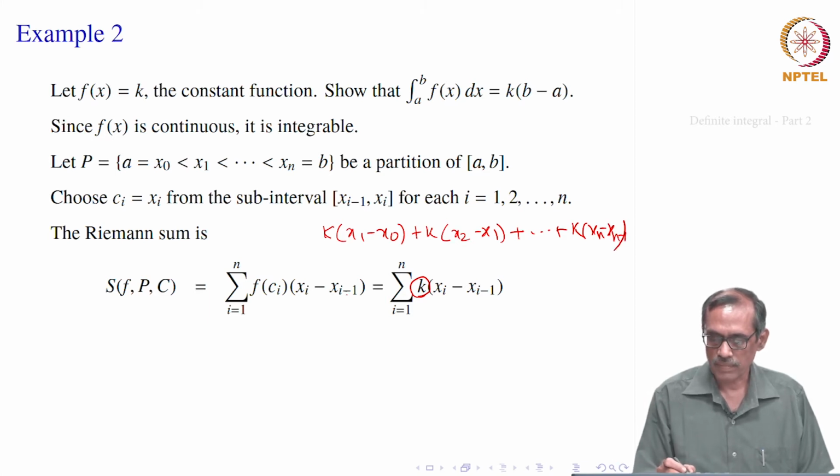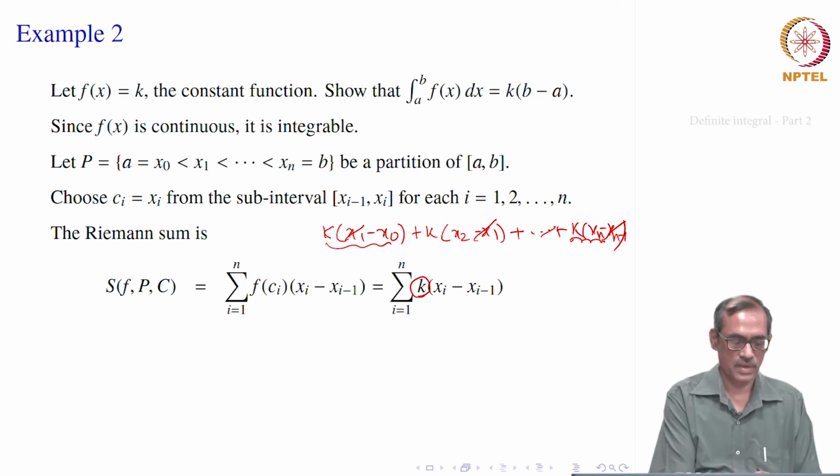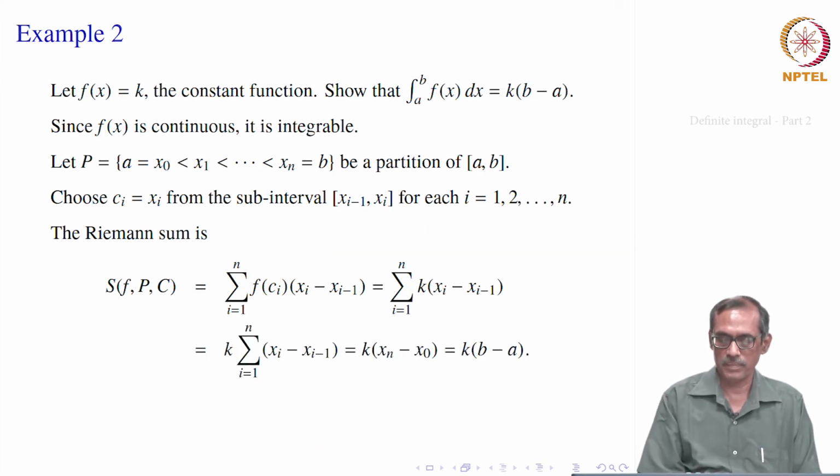So, you see that this first one has x1 and here it is minus x1. So, these things are cancelling, right. So, whatever remains is k xn and k x0, okay? Everything else cancels away. So, that is equal to k into xn minus x0, which is simply k into b minus a.